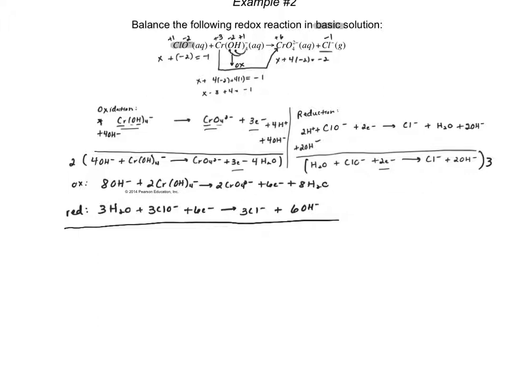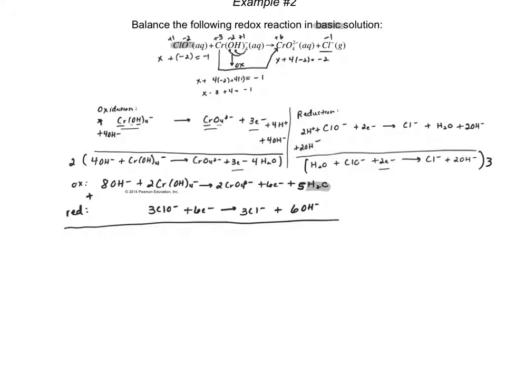We just have to add them together, okay? So anything that shows up as a reactant as well as a product is going to cancel. My first notice of that is the waters, right? So water over here, we have 3, we have 8, right? So we're not going to be left with 3 and 8. We're going to be left with 0 over here, and then we're going to be left with 5 over here.